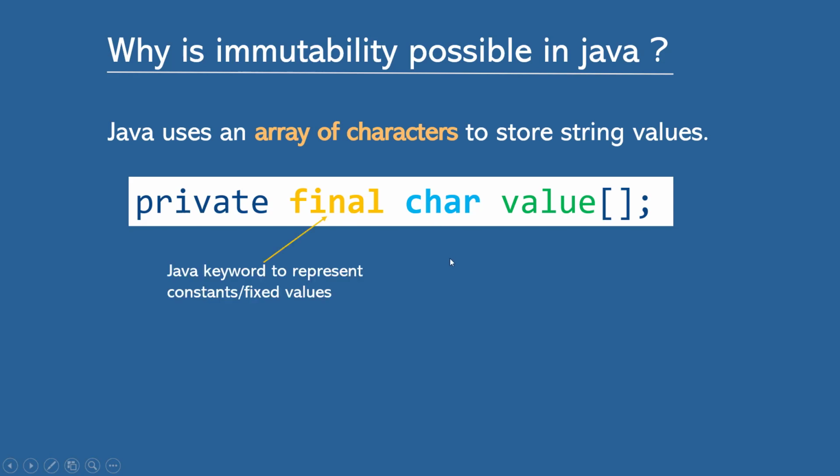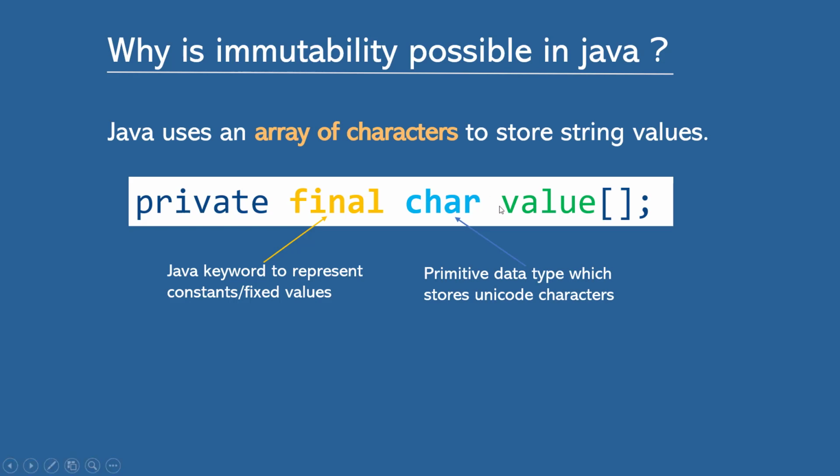And just for you to know, final is a Java keyword used to represent constant or fixed values, that means values which don't change. And as we all know, char is a primitive data type which stores a unique code character.